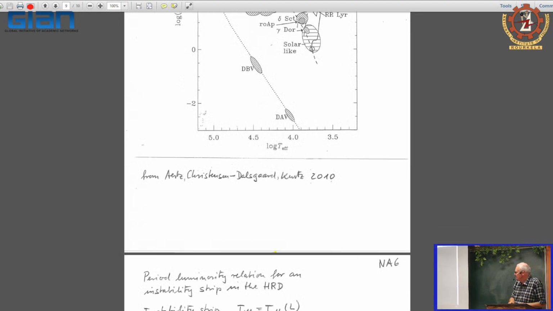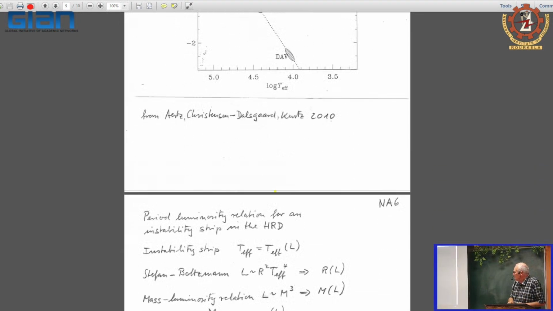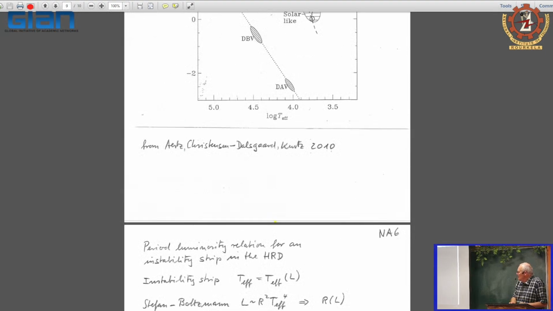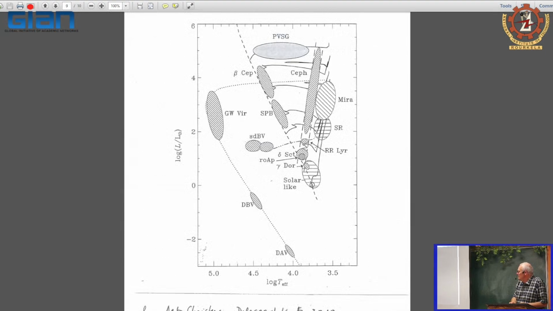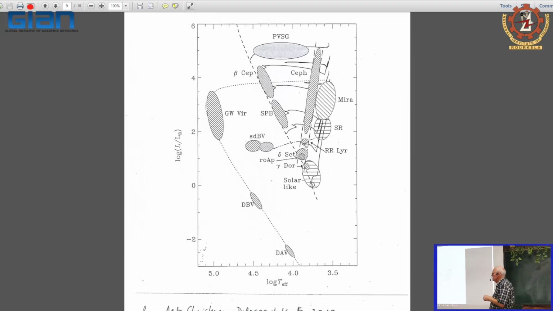Okay. Well, finally, Cepheids are used for distance determination, and for the distance determination, we make use of the period-luminosity relation.